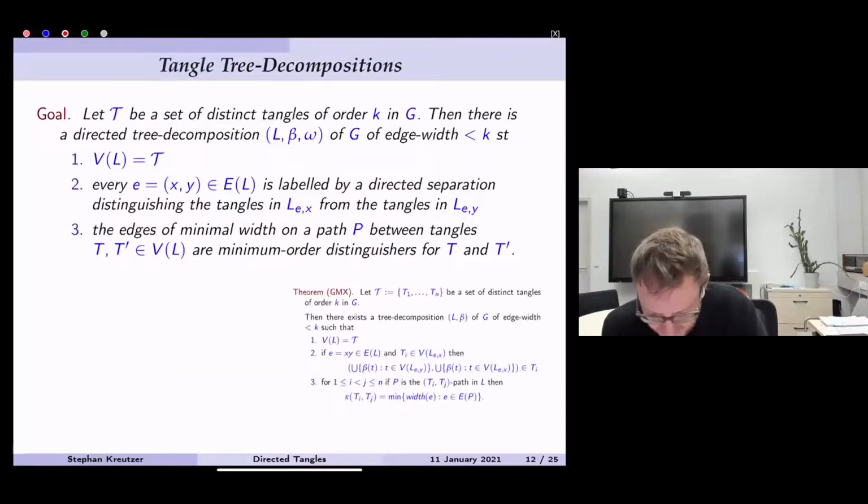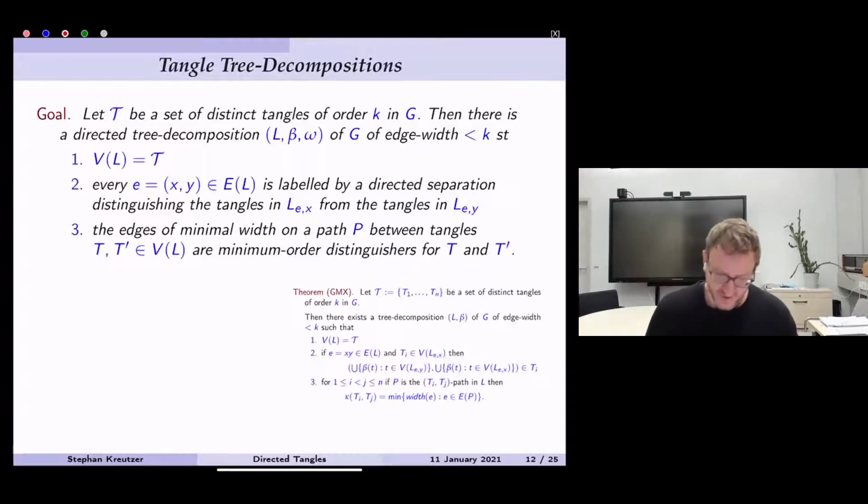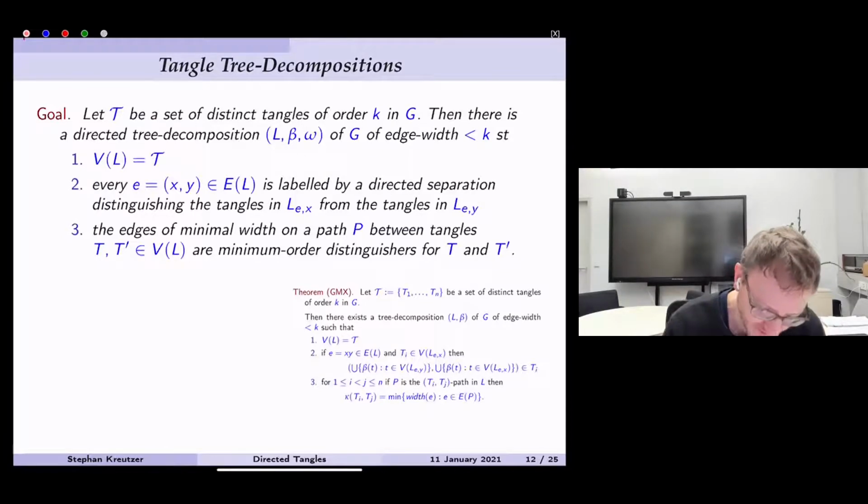Okay, that's a tangle. And now, of course, we would like to have the same thing as for undirected graphs. So here, for those with good eyes or big monitors, is the theorem for the undirected case. We wanted to prove a similar thing. We wanted again that if you have a set of tangles which are pairwise distinguishable, let's say of order k, then we want a directed tree decomposition of G of edge width, whatever this is, with the same property.